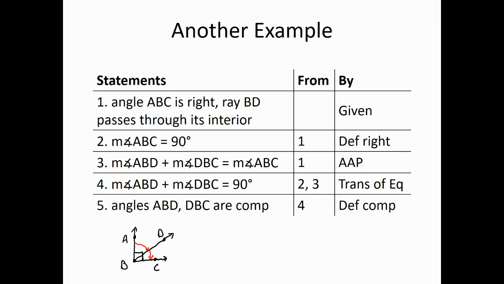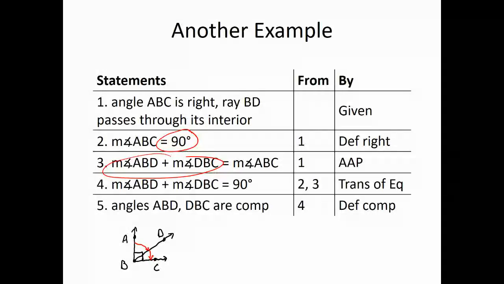Okay, so we have the two things, notably the ABD plus DBC and the 90, that are both equal to ABC. So it follows that they are equal to one another. So there it is, ABD plus DBC is equal to 90. That is the transitivity of equality, and that is applied to lines 2 and 3. And typically the transitivity of equality, because it needs two equations to do its work, will apply to two previous lines.